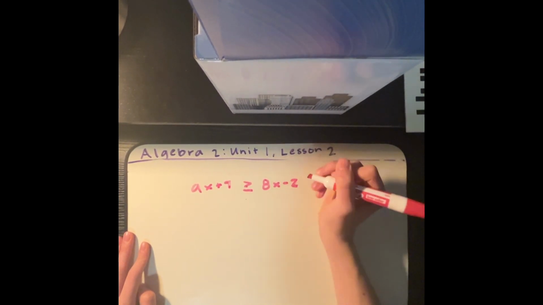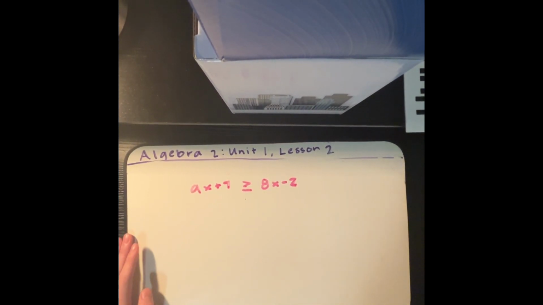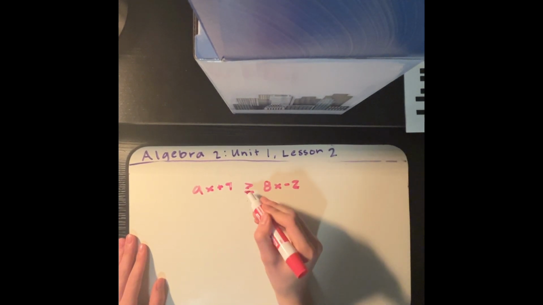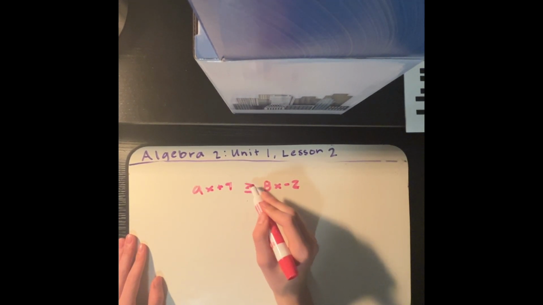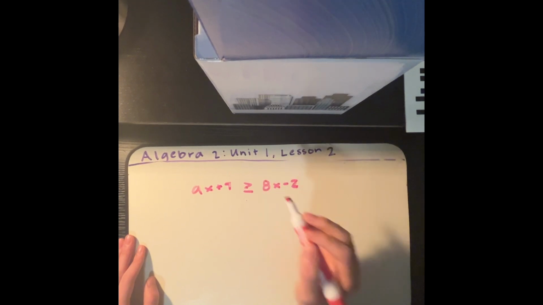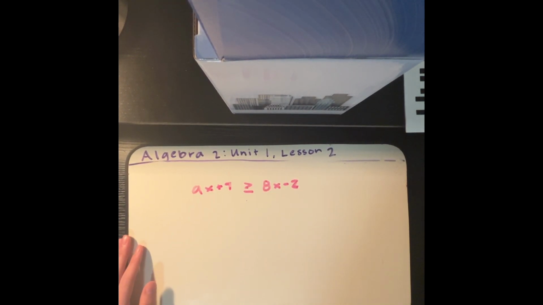This is going to be very similar to solving an equation, except now we have an inequality sign, which is going to tell us generally where our solution may be, but it's not going to give us an exact solution.